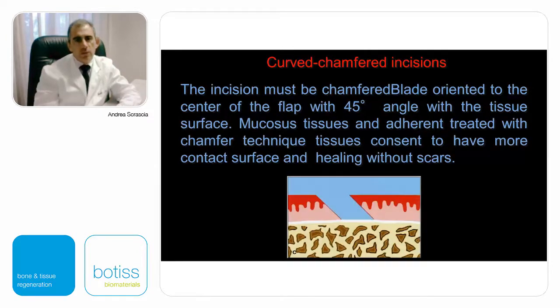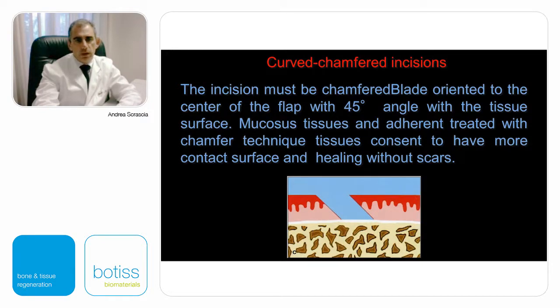The incision must be chamfered, with the blade oriented to the center of the flap at a 45-degree angle with the tissue surface. Mucosal and adherent tissues treated with the chamfer technique allow more contact surface and healing without scars.